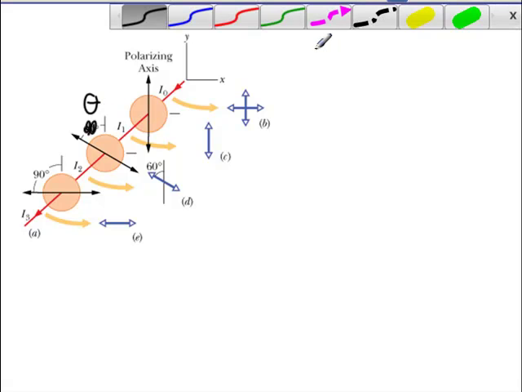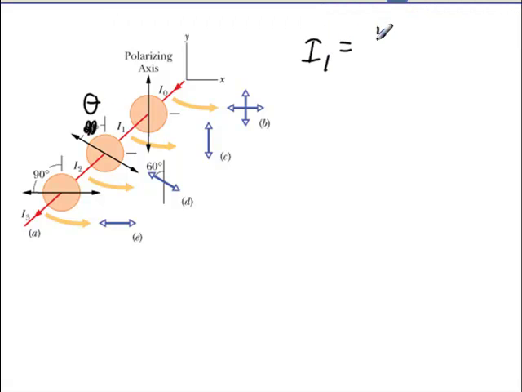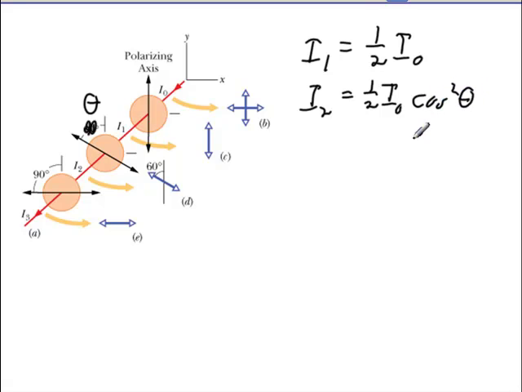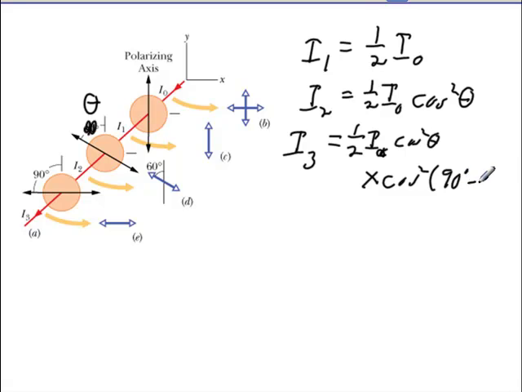In this case, I1 is still 1/2 I0. I2 is 1/2 I0 times the cosine squared of theta, and I3 is equal to 1/2 I0 cosine squared of theta times the cosine squared of 90 degrees minus theta, the remaining angle.